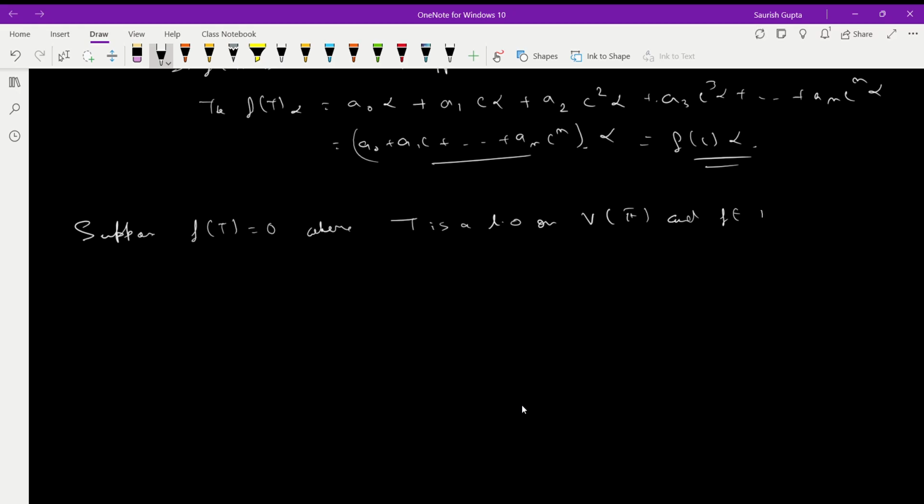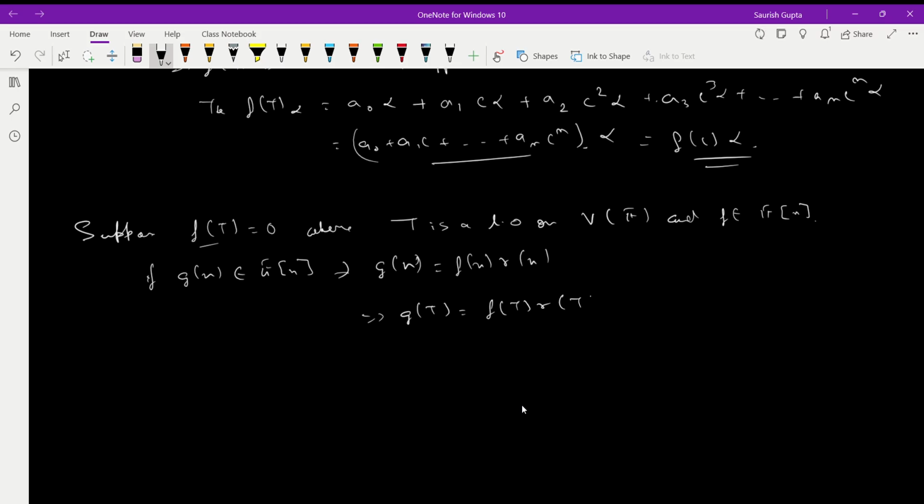So suppose f is an annihilating polynomial, suppose f(T) is 0, where T is a linear operator on the vector space V over F, and f is a polynomial from the underlying field. Clear?